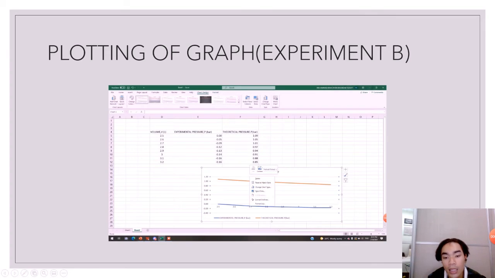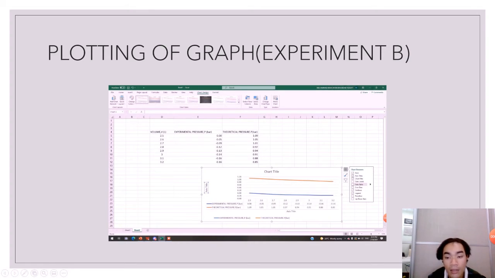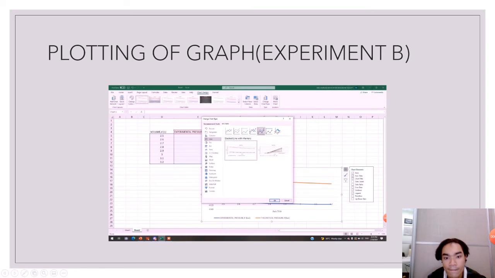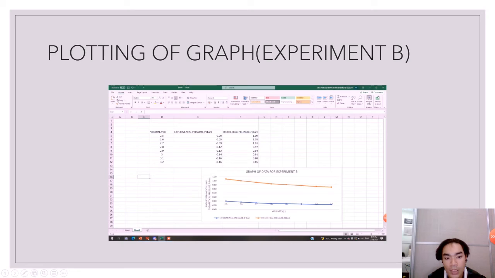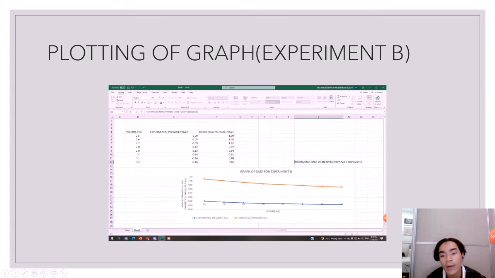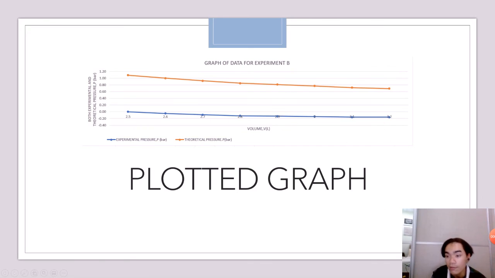Then I have placed the title. Then I'm going to write my name there to show that this is mine, and my matrix ID. That is the end result, the plotted graph.